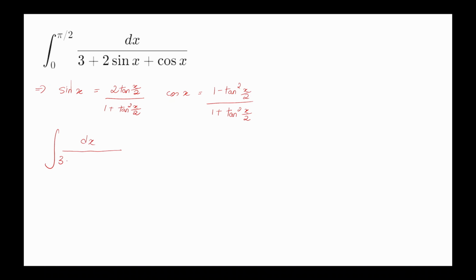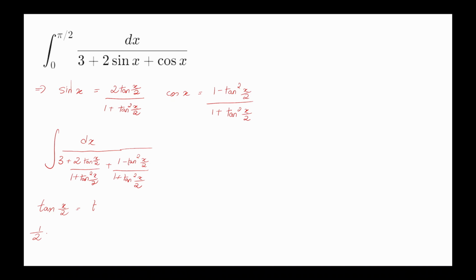This would become 3 plus 2 tan x by 2 upon 1 plus tan square x by 2 plus 1 minus tan square x by 2 upon 1 plus tan square x by 2. Now here I'll assume tan x by 2 to be t.